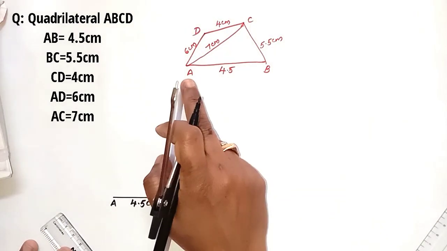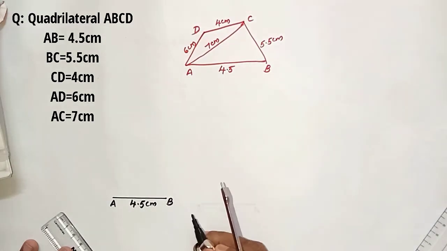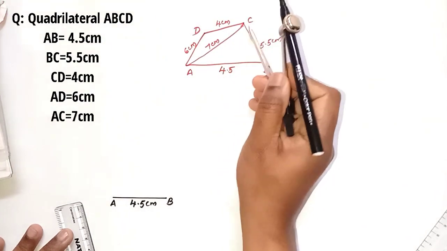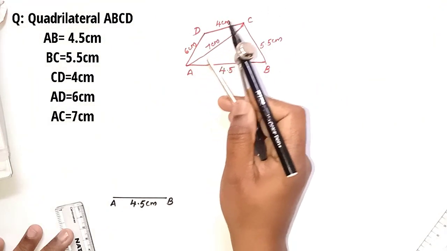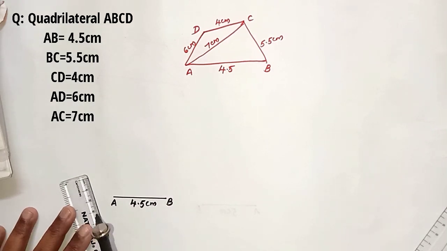With A as center, we have to find the point C. So with A as center, draw an arc with radius 7 centimeter. Radius means length.